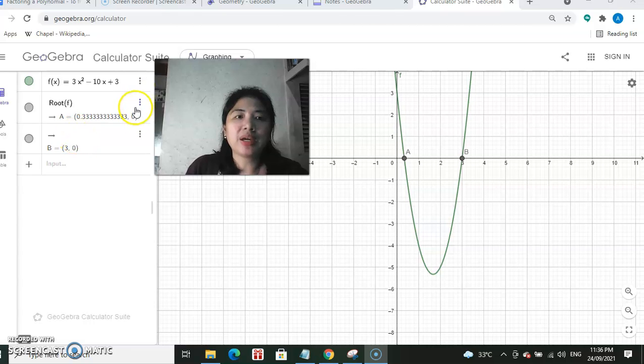So the y coordinates are 0. So in other words, where can we have the intersection at the x-axis? At what point of x does the graph intersect the x-axis?